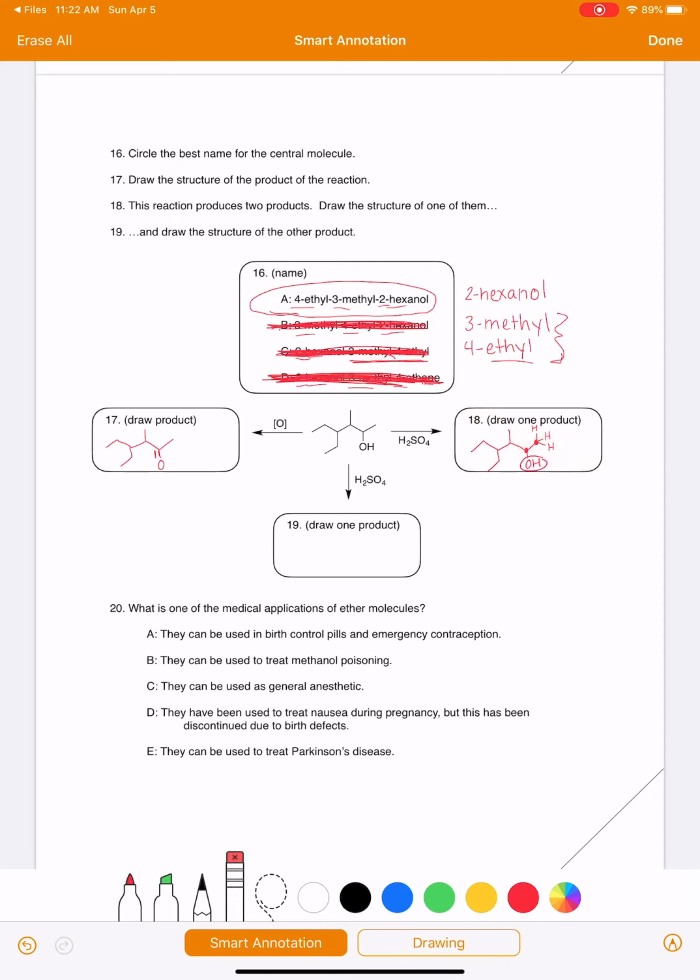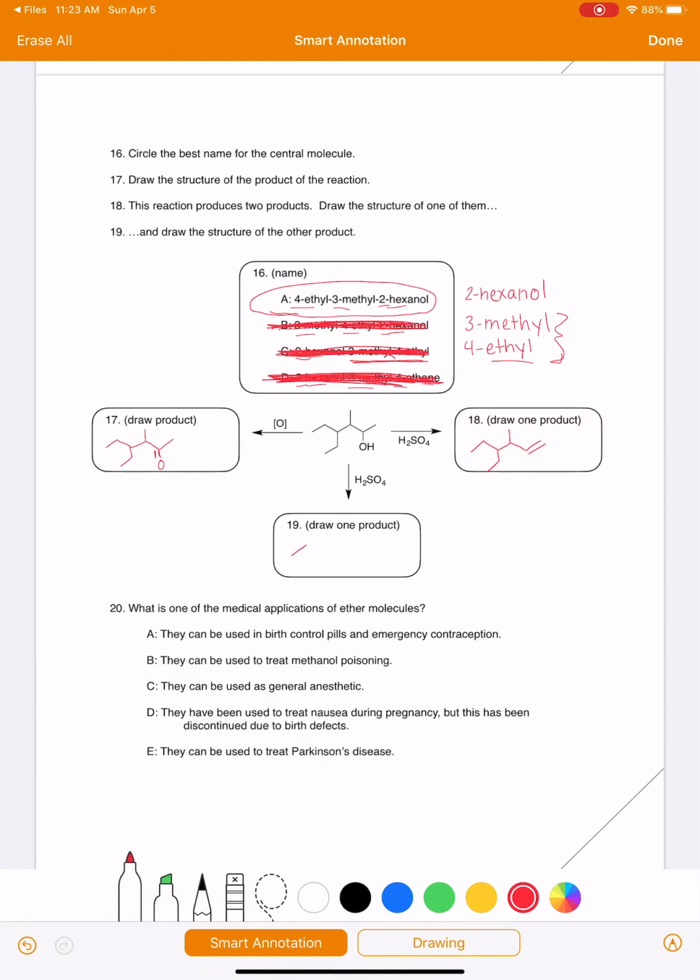So we'll remove this hydrogen, and remember, we remove the OH. And in between those 2 carbons that we just worked on, we're going to make a double bond. I'm going to take those hydrogens off just to make it easier to look at and see the double bond. So that's one product. Now it looks even better.